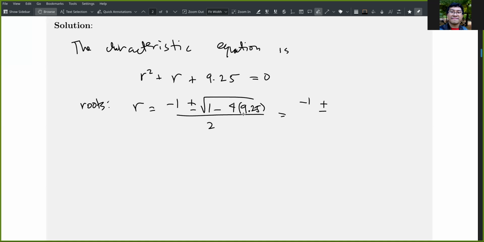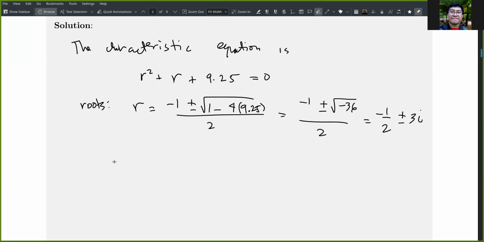4 times 9.25 is 37, so 1 minus 37 is minus 36. So r equals minus 1 half, plus and minus the square root of minus 1, which is i, and the square root of 36 is 6, divided by 2 that's 3, so this is 3i.